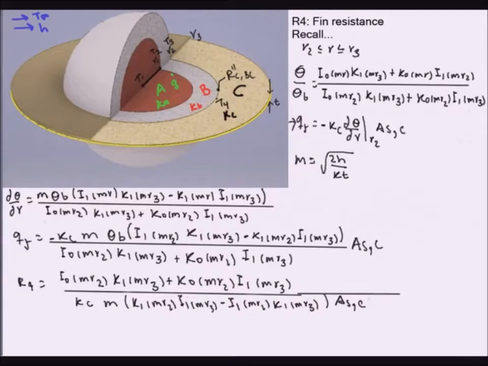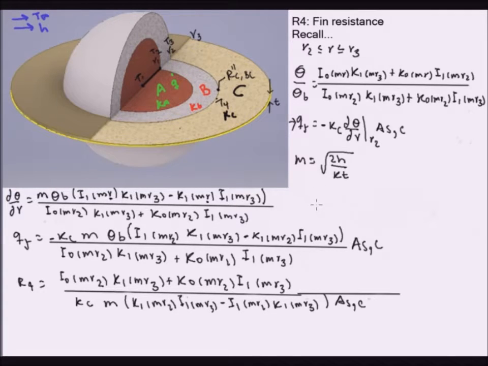So after taking the derivative, we can plug it in the final expression for the heat rate, which we developed in the first video, and we need to evaluate that derivative at R2, or at the interface between B and C. So all these r terms are replaced with R2, and then they are plugged in the equation for the heat rate. So that's what I did here. Notice the minus sign, the conductivity, and the covered surface area of this interface.